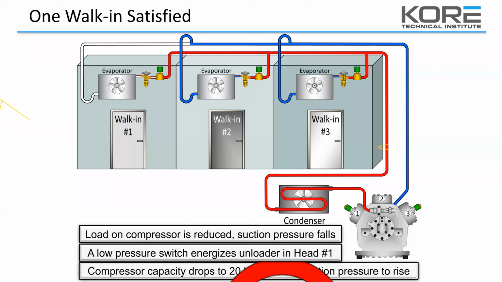And so by disengaging cylinder 1, and we'll just use arbitrary numbers, what was a 30 horse compressor now becomes a 20 horse compressor. And the suction is maintained, the conditions are now maintained for the 2 running evaporators as opposed to all 3.